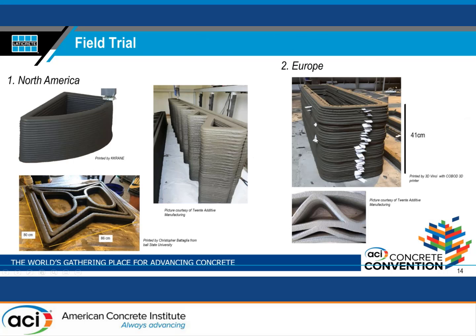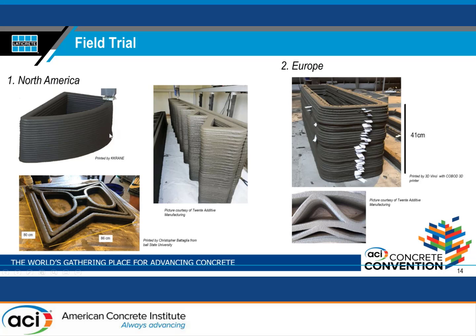So from the lab, we conducted several field trials. Obviously, in the field trial, the scales are larger than the lab. So we conducted trials in North America with a company called Crane in Virginia, and also another Crane.